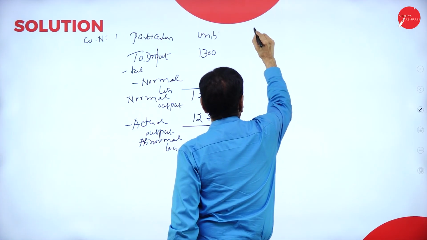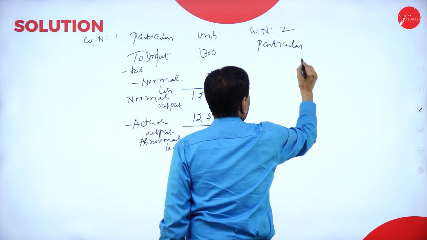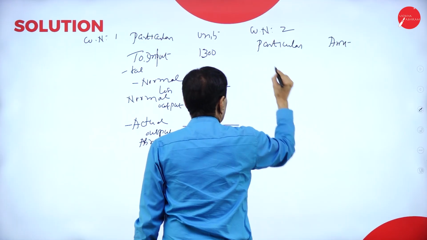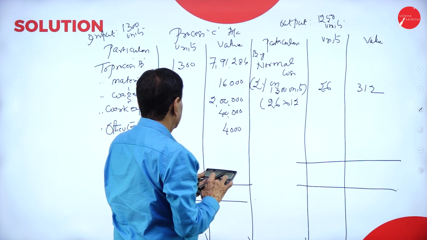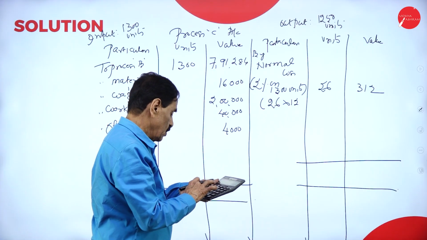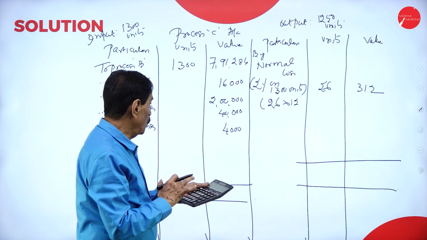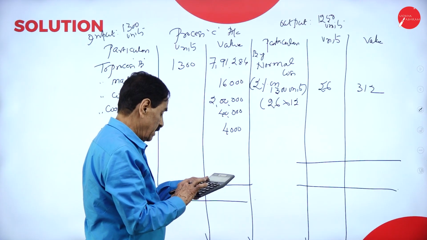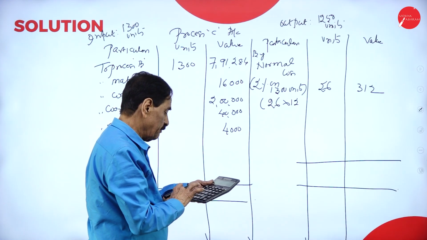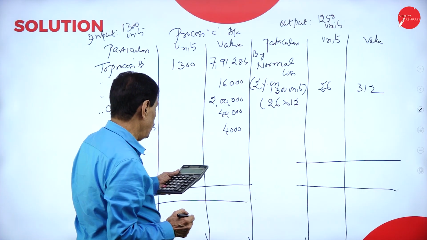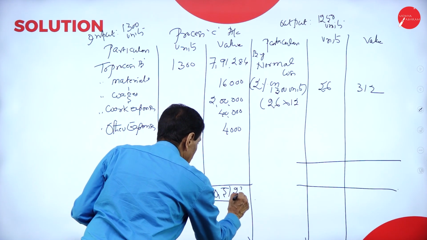Now, working note number 2, particulars, amount, total expenses: 7,91,284 plus 16,000 plus 2 lakh plus 40,000 plus 4,000 is equal to 10 lakh 51,284.